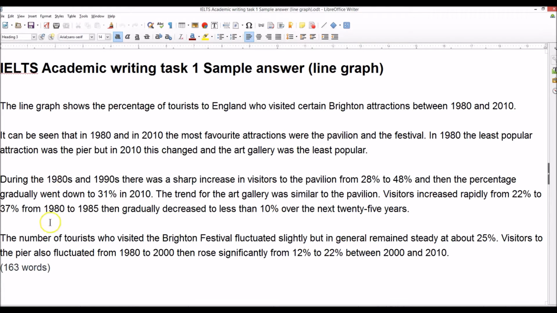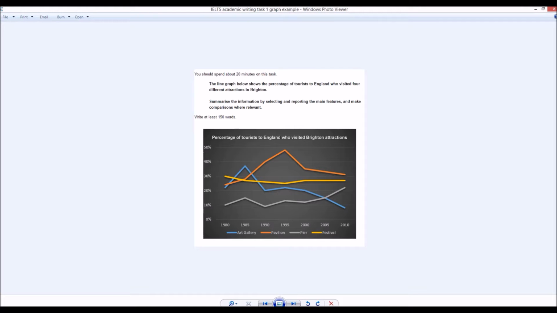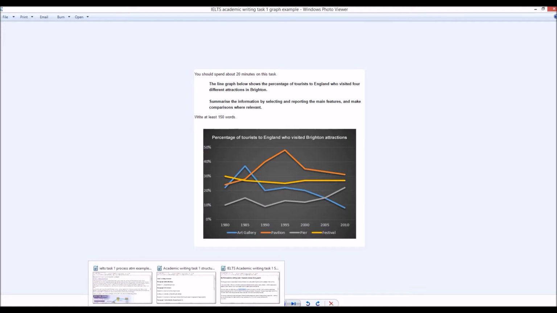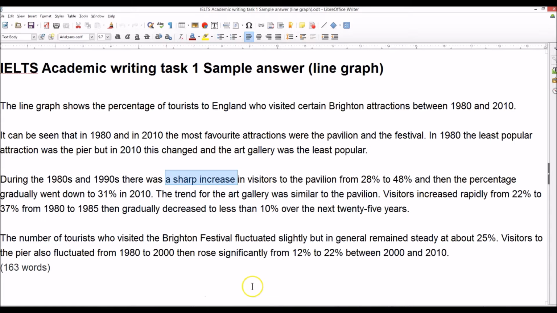Now, paragraphs 3 and 4, this is where we go into it. So, during the 1980s and 1990s, there was a sharp increase, as we just saw in the graph. So this is what I was referring to about the rate and speed of change, to more accurately describe it. So it was a sharp increase from 28% to 48%.